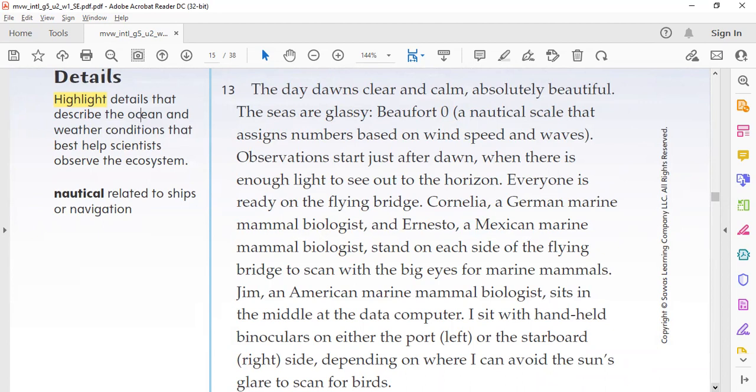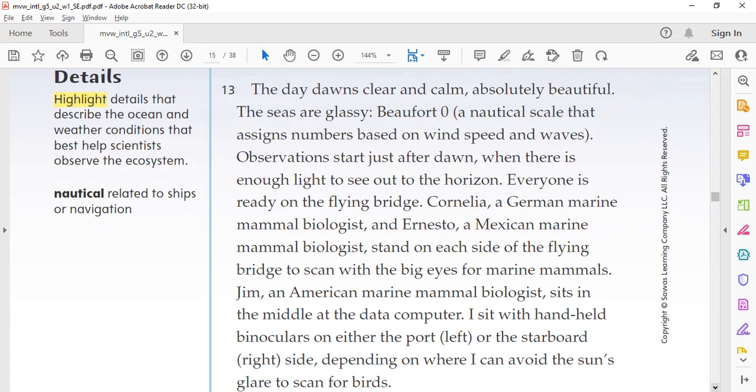Jim, an American marine mammal biologist, sits in the middle at the data computer. I sit with handheld binoculars on either the port left or the starboard right side, depending on where I can avoid the sun's glare to scan for birds.